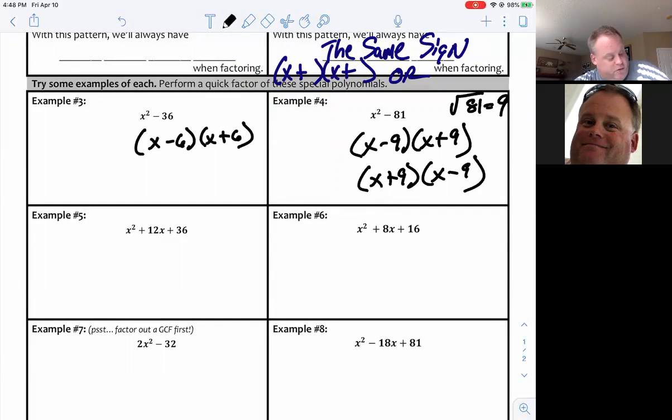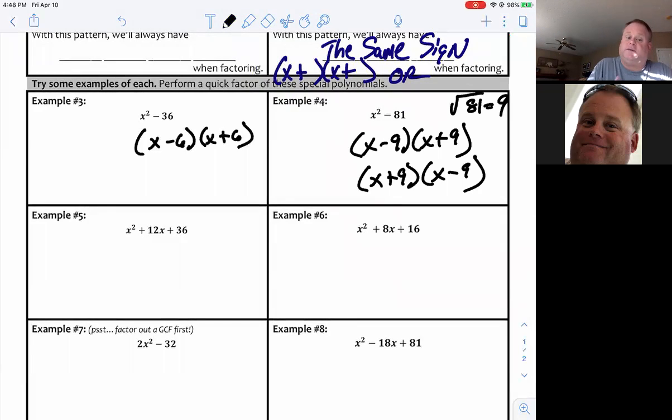Now, x squared plus 12x plus 36. Remember, I can use a equals 1 to solve this, and that is the AC method. I can take the a times the c, find the factors that add up to the b term, and do all that. But I know that 36 is a perfect square of 6. So 6 plus 6 is 12.